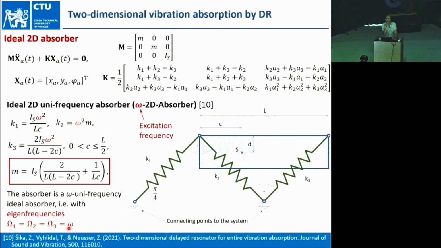Only in this case we can fully absorb the planar vibrations. And we came to the conditions which need to be satisfied concerning the mass, moment of inertia, and also the dimensions of the absorber.